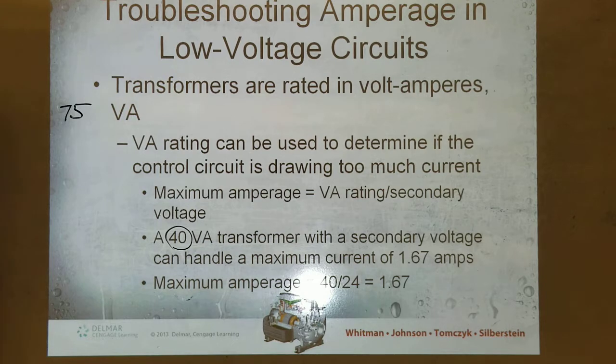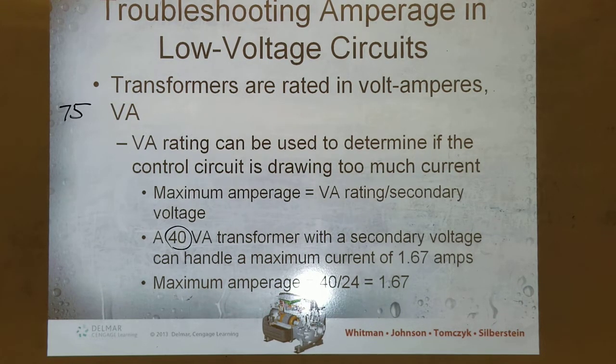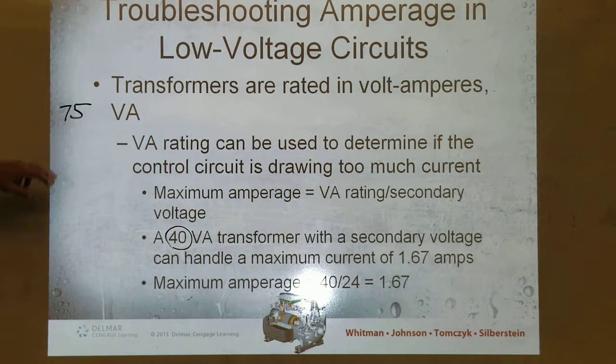Okay, so what is VA? Volts times amps. Watts. So if it's watts, then we can figure out what the amperage is by looking at the wheel.